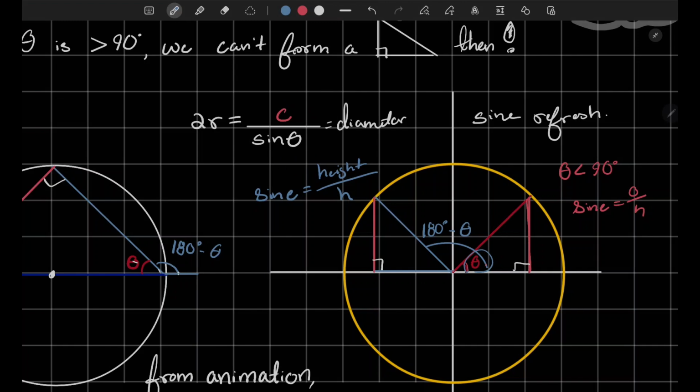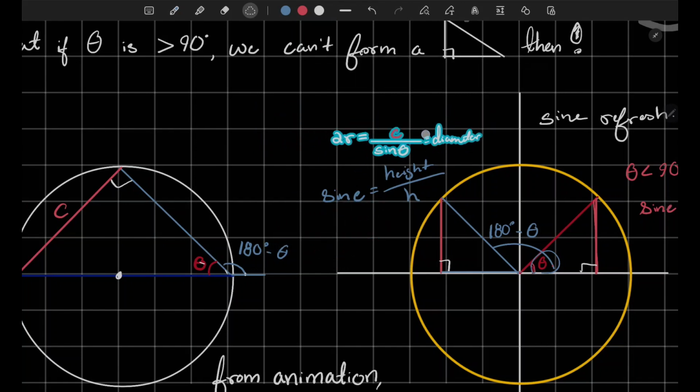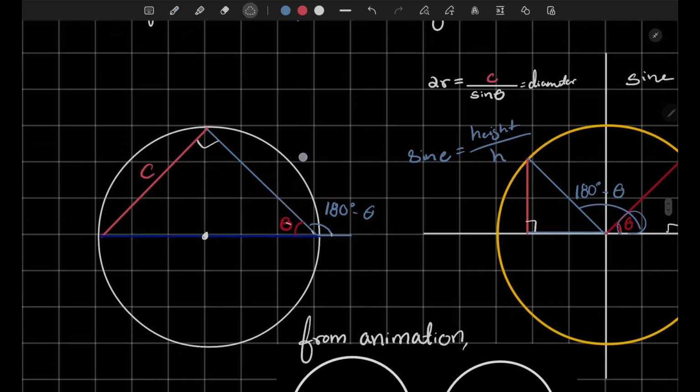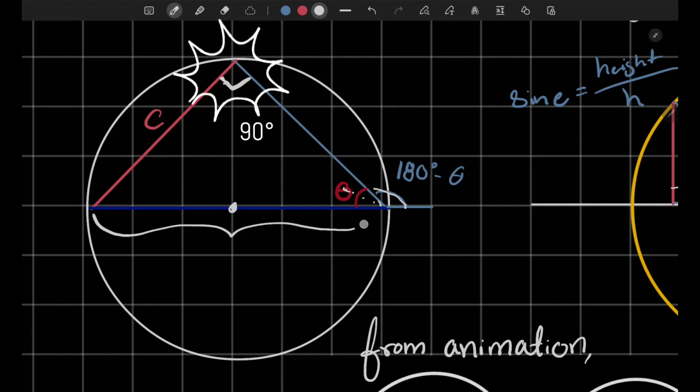But if you want to imagine it in the actual circle, you can think of it this way, where you have our angle and then the height of the opposing side, the length of the side that is perpendicular to it, is C. And because we have this perpendicular thing, the hypotenuse is going to be our diameter.